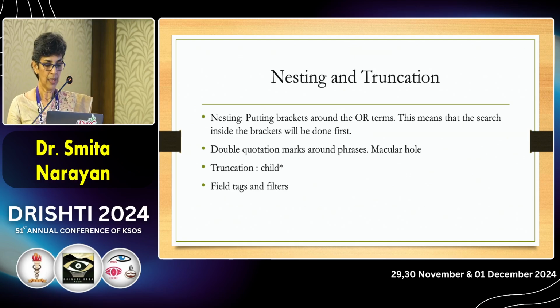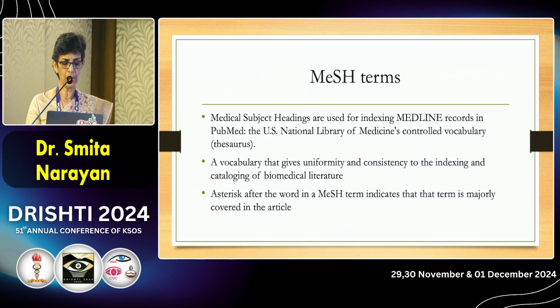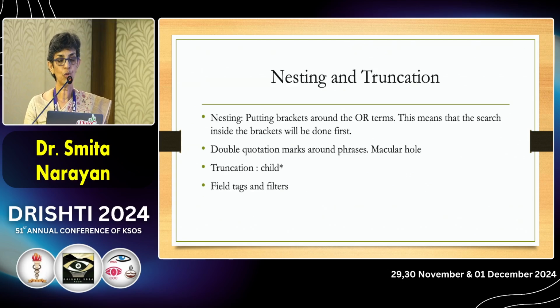Secondly, if you're using phrases, like say you want to look for macular hole, it is best to provide double quotation marks around macular hole. If you do not provide double quotation marks, you will get something around 7,500 to 8,000 results, because they are searching not only for macular, they are also searching for hole, and they are also searching for macular hole. If you put double quotation marks, you get macular hole only, and lots of these are then eliminated.